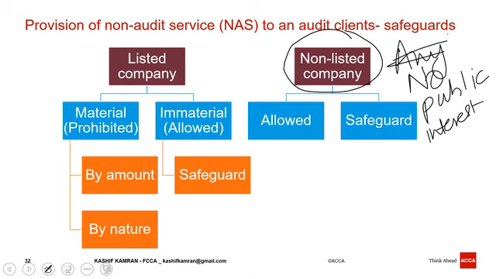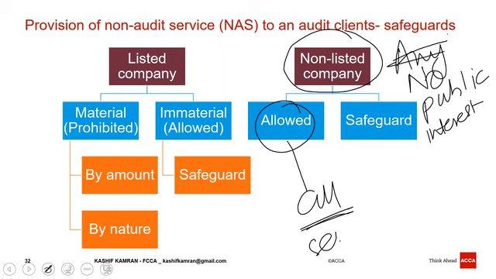If you're offering a service to a non-listed company, all services are allowed, provided you have safeguards. So for a non-listed company, a family business, an owner-managed company, a small company, you have no issues. You can provide any service, provided you have safeguards in place.